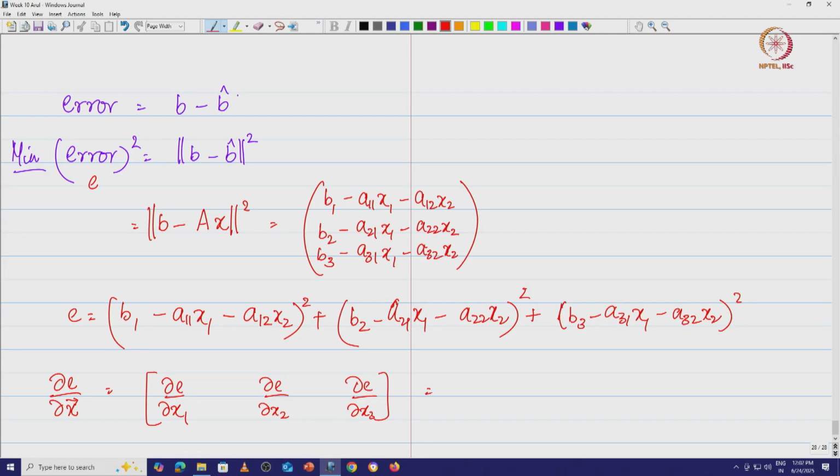We basically have 2 into b1 minus a11 x1 minus a12 x2, the whole squared was there. So taking that derivative, this is gone. This is not even dou E by dou x, so let us forget about this and take it another way.